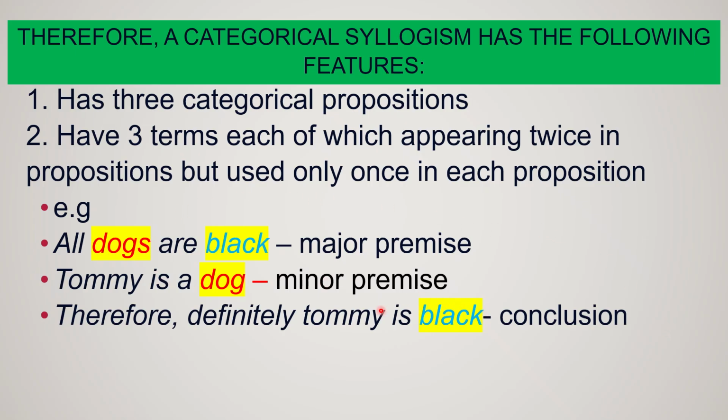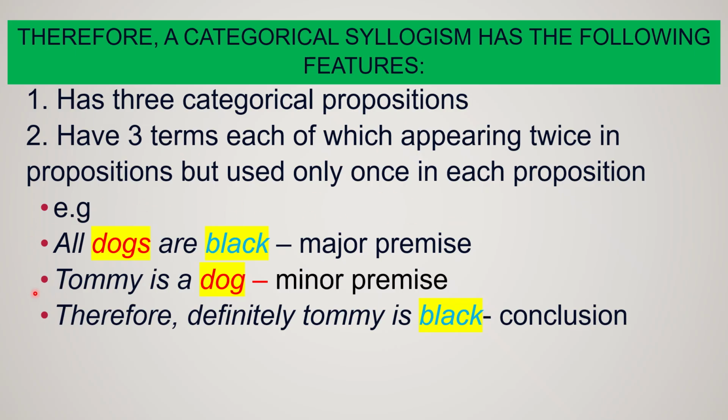We cannot fail to say that Tommy is black because if all dogs that we have are black and Tommy is one of the dogs, definitely Tommy is also black. Here we have derived our conclusion from the premises.